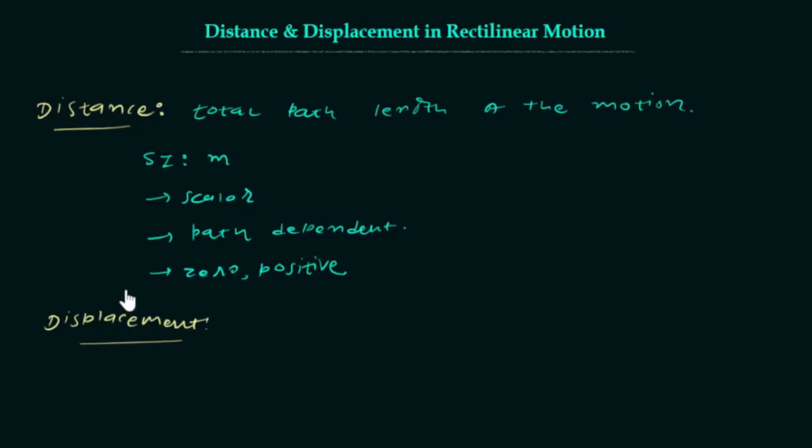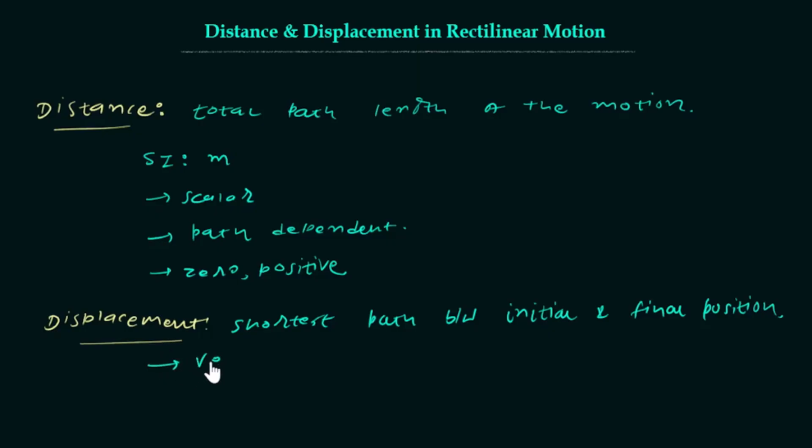Right. And our second type of parameter is displacement. Basically, displacement is the shortest path between initial and final position. The SI unit is again meter.